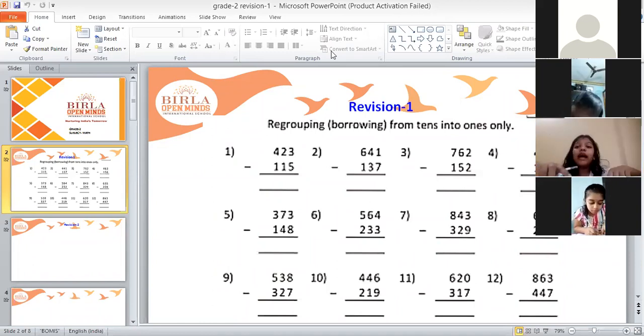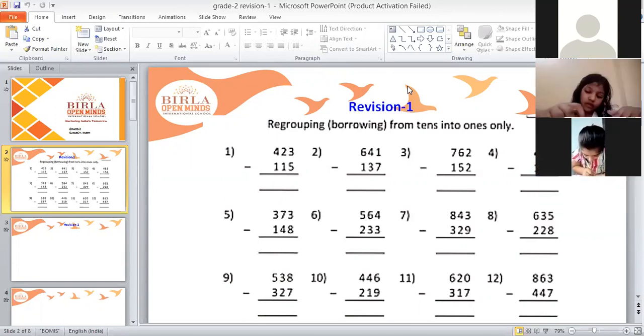Ma'am, we have to write the heading also. I told you after writing the classwork, you have to write revision heading. Fine, I think I gave you sufficient time.